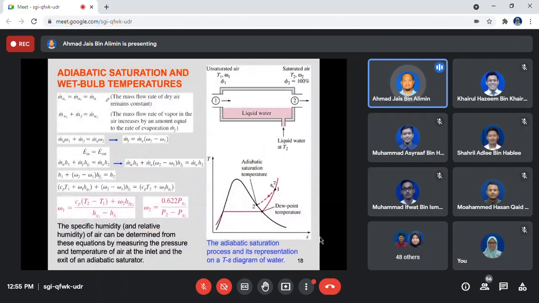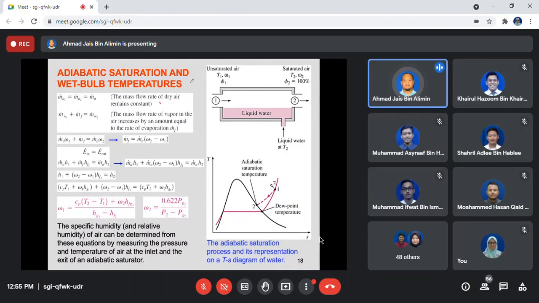Based on the conservation of mass, we know that the mass flow rate of dry air remains constant, and the mass flow rate of vapor in the air increases by an amount equal to the rate of evaporation, because the air remains the same. So what you control is the presence of water vapor. You can rearrange those based on the humidity ratio equations.